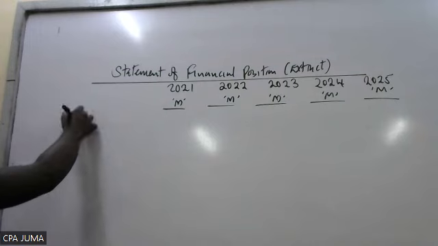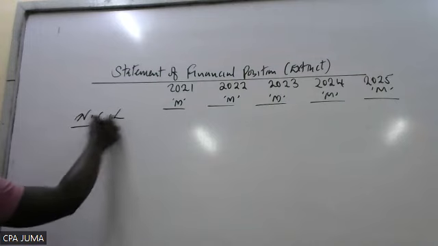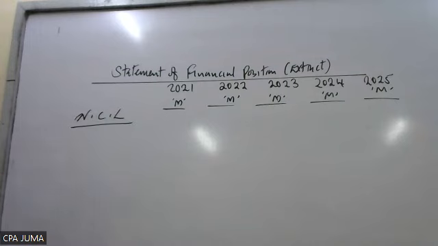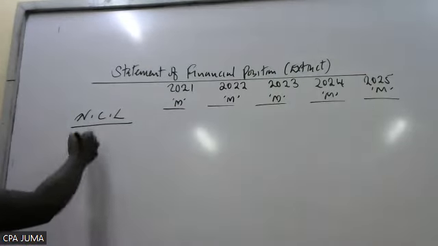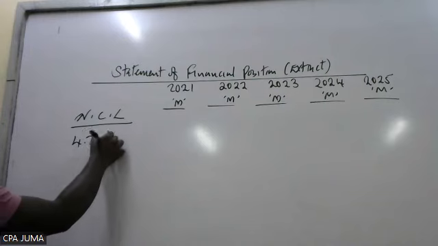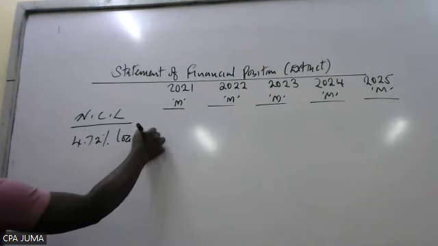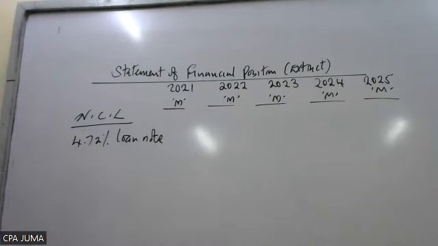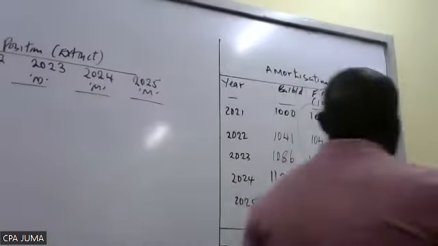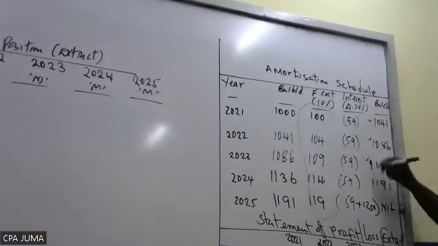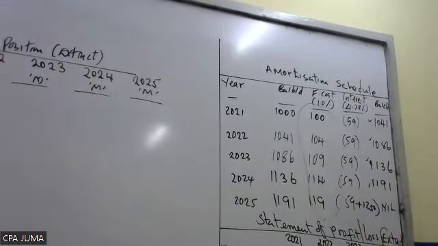So non-current liabilities. I'm seeing 4.72% loan notes. It's a loan. So which values do you capture? These ones. The closing balance carried down. Those are the values you capture for every year.